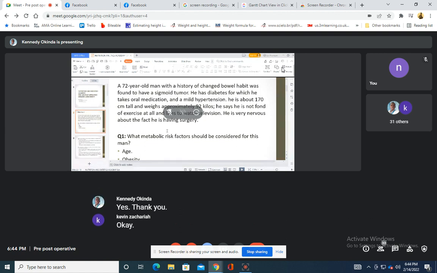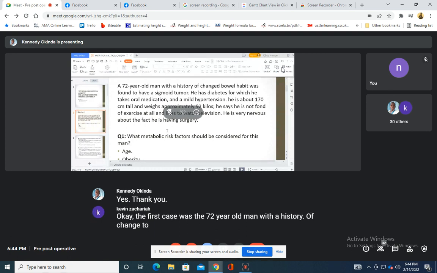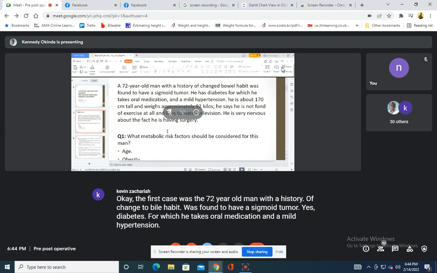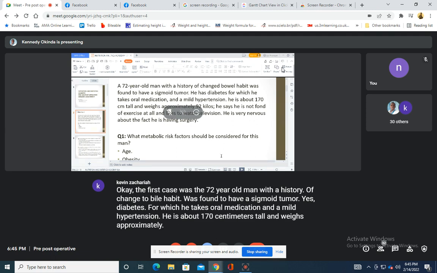The first case was a 72-year-old man with a history of changed bowel habit, who was found to have a sigmoid tumor. He has diabetes for which he takes oral medication, and mild hypertension. He is about 170 centimeters tall and weighs approximately 92 kilos.